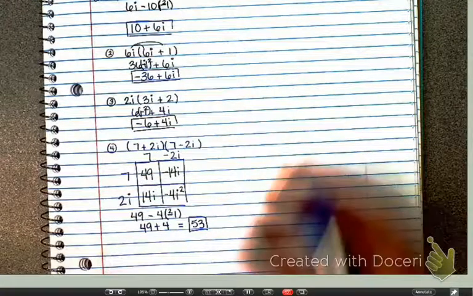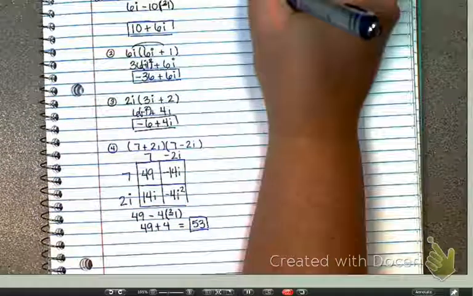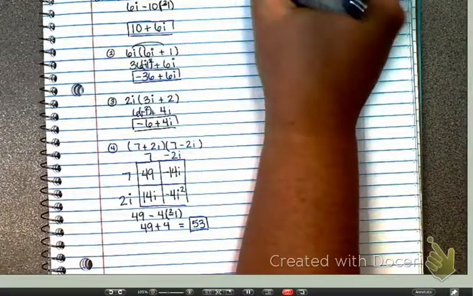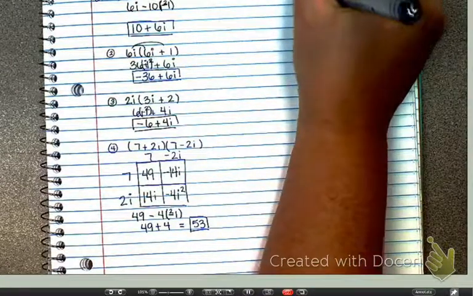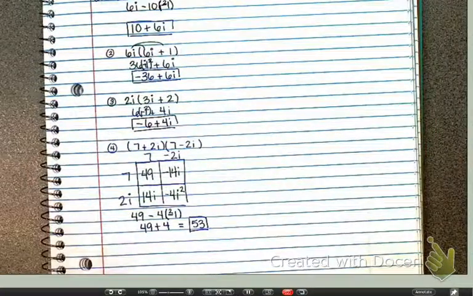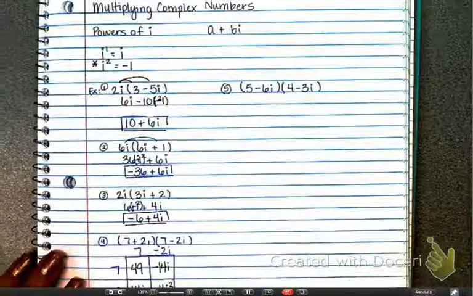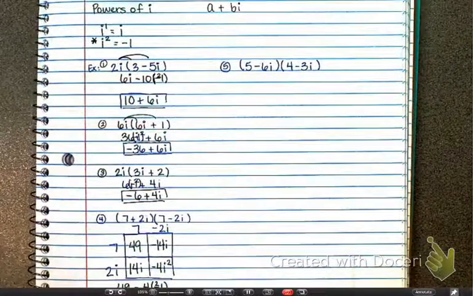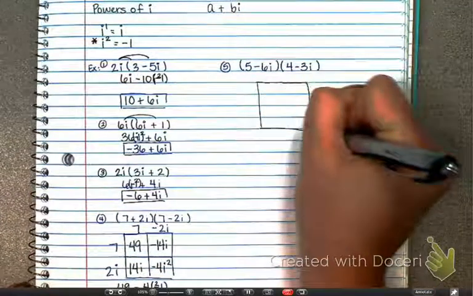Okay? Why don't you try this one? 5 - 6i times 4 - 3i. Okay, so box or FOIL. Oh, you can't see that. Let me try again. There we go. So box or FOIL. Box keeps you at least organized.